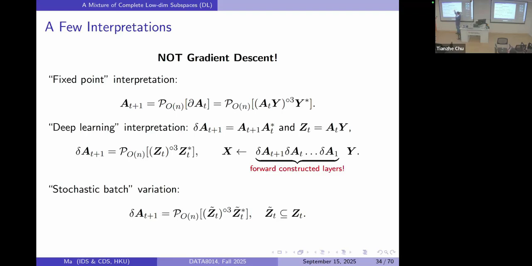A_{t+1} minus A_t is the increment, called the matrix delta, the matrix difference. Because if you take the difference, we can compose from Y to X. Remember, when you apply the correct matrix A to Y, you eventually get X.